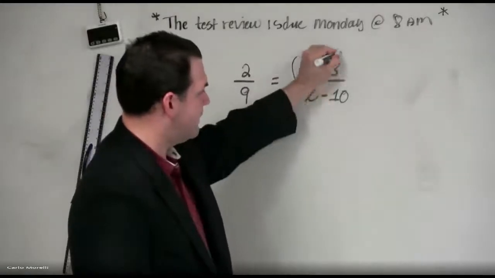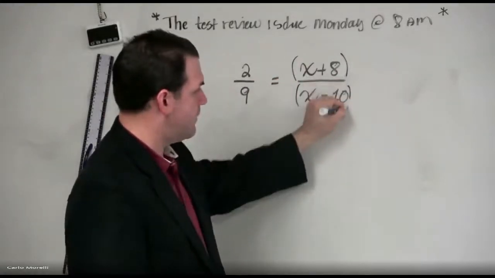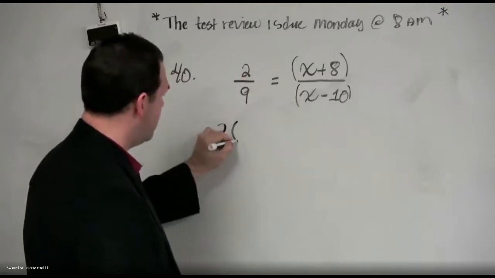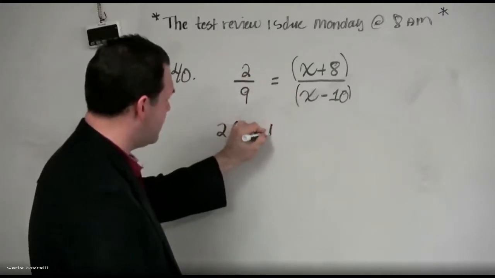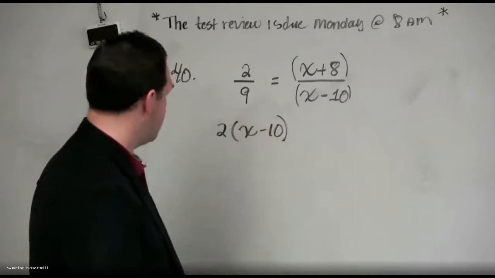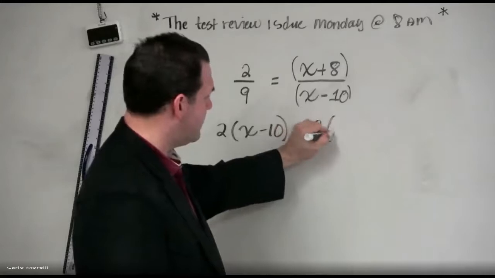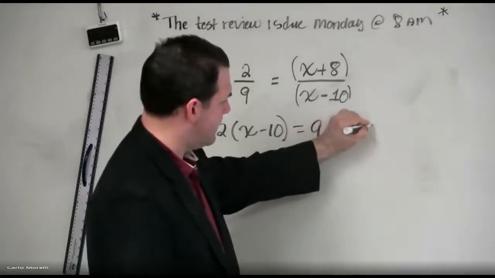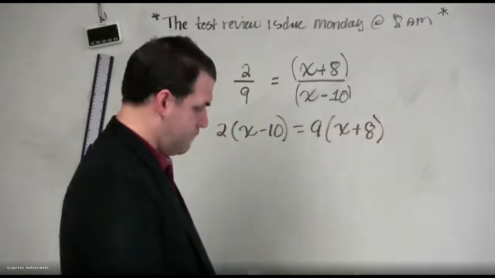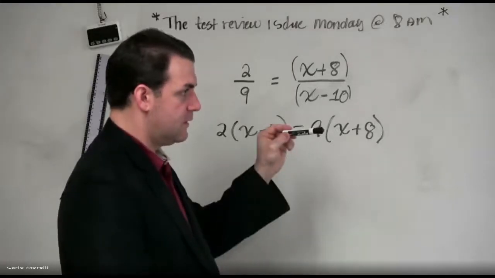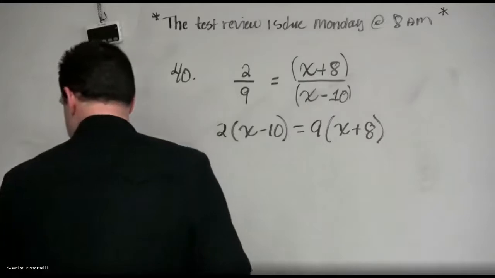Put parentheses around the 2 binomials. 2 open parentheses x minus 10 close parentheses equals 9 open parentheses x plus 8. We'll say bye-bye to our homie here.